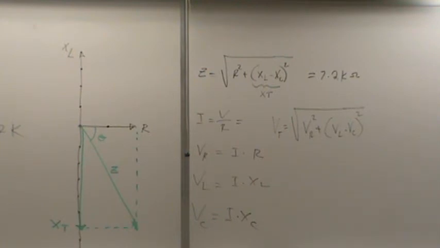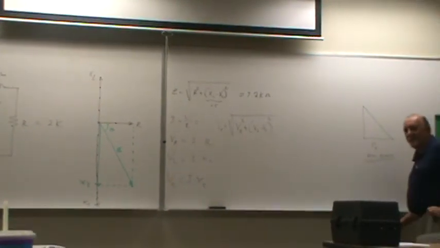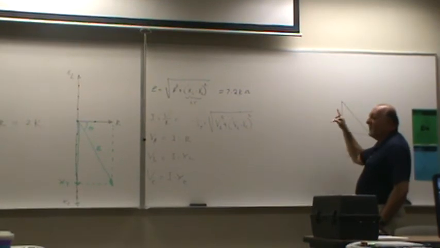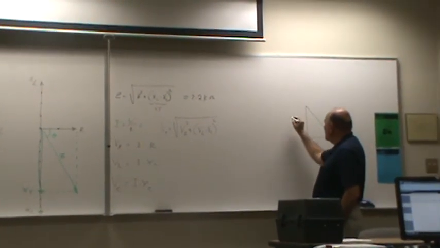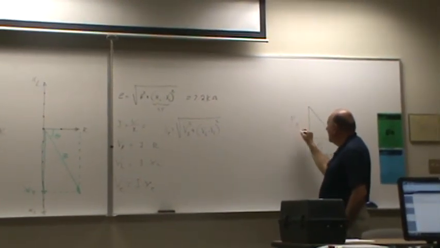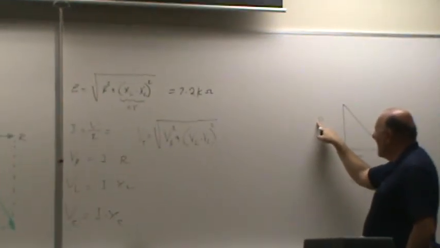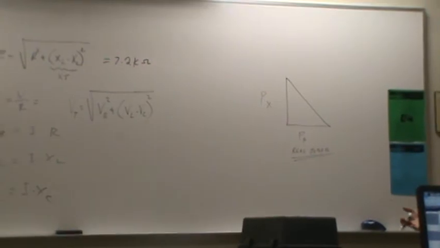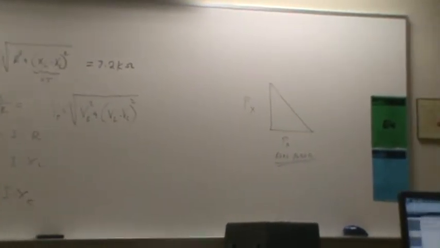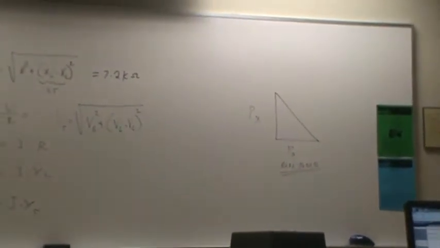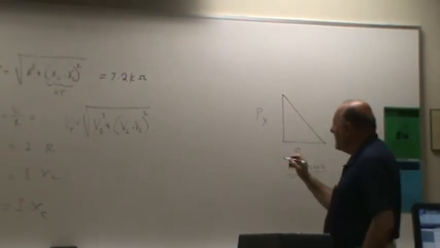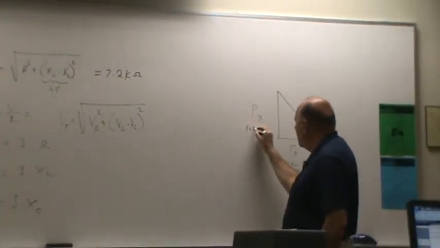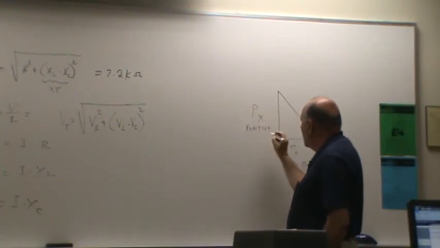Real power. Now, over here, there's going to be a reactive power. So P sub X is a reactive power. Right now it looks like small capacity. So that would be P sub X, called a reactive power.